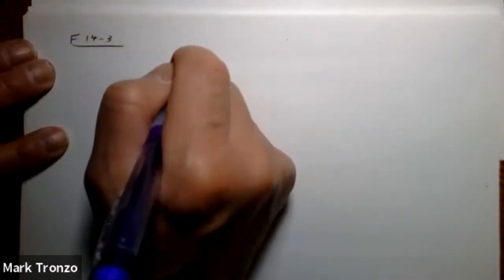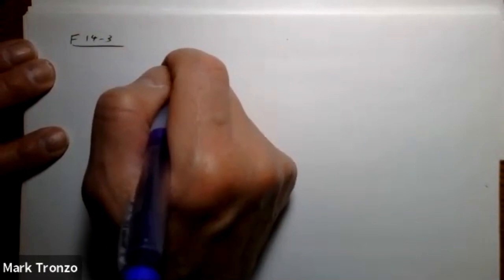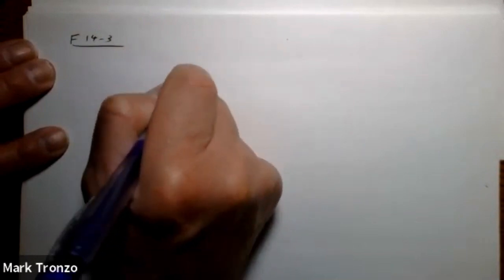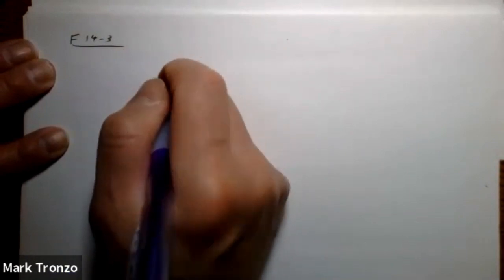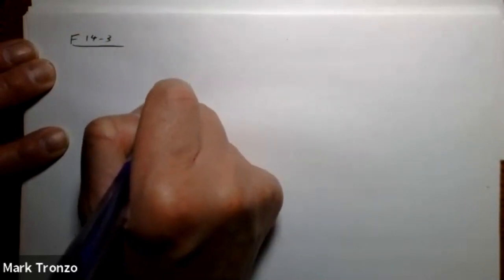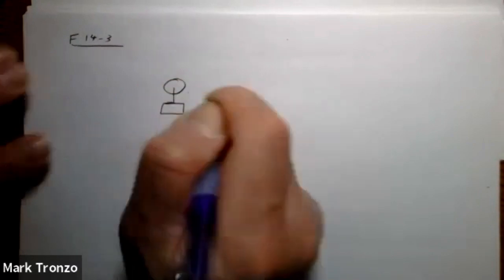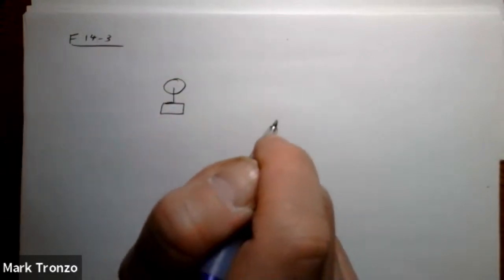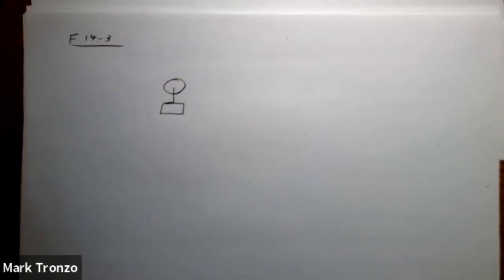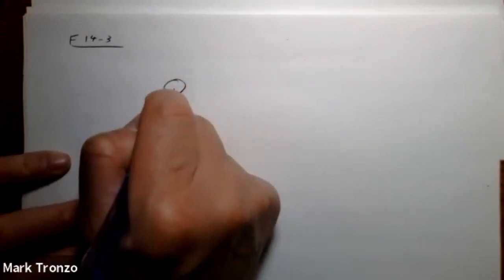And we can think of a free body diagram. We're just focusing on that pulley. And it's going to look something like this. And we're told this crate is 100 kilograms.